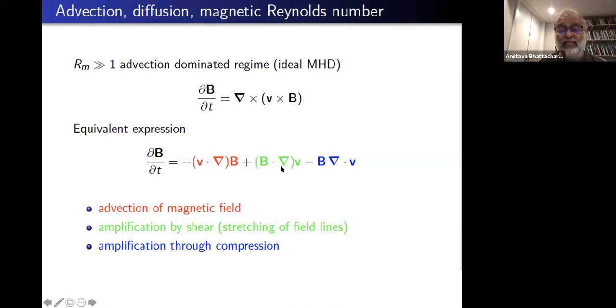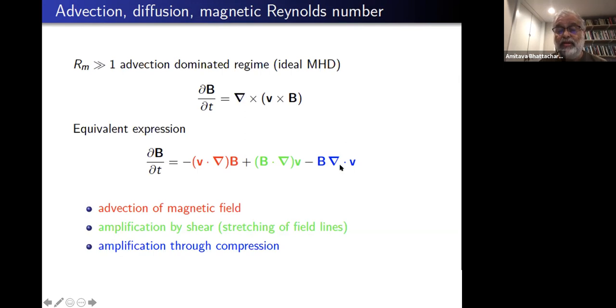The second term is amplification by shear, and this is stretching of field lines. So very much the rubber band analogy works here. If you think of the magnetic field as a rubber band, and if you really stretch it, you can strengthen the magnetic field, and that's what is amplification by shear.